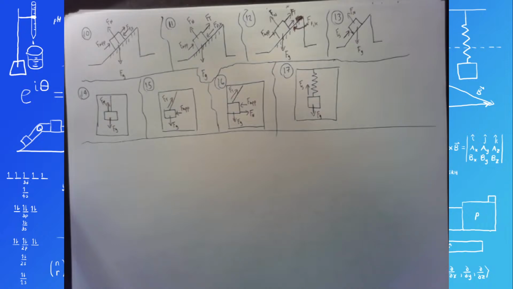So again, I think this exercise is important because it just gets you to focus on identifying what forces are present in the scenario that I'm looking at. And of course, there are more complicated scenarios that we will see.